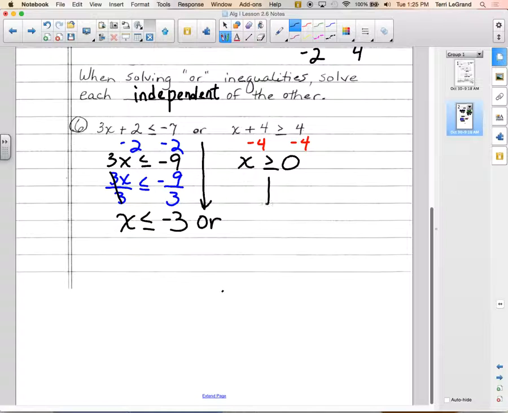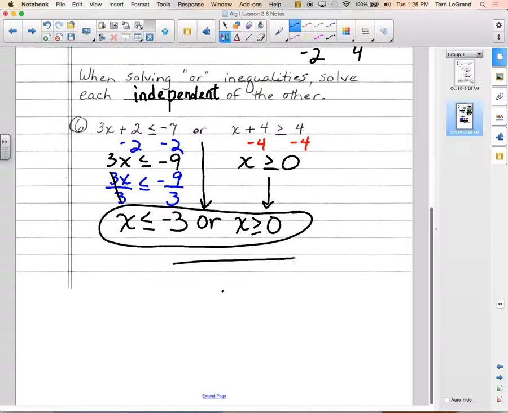We bring that down and write it all. We don't put it together, we just have the word or between it. So our algebraic solution is x is less than or equal to -3, or x is greater than or equal to 0. So let's get that graphed.